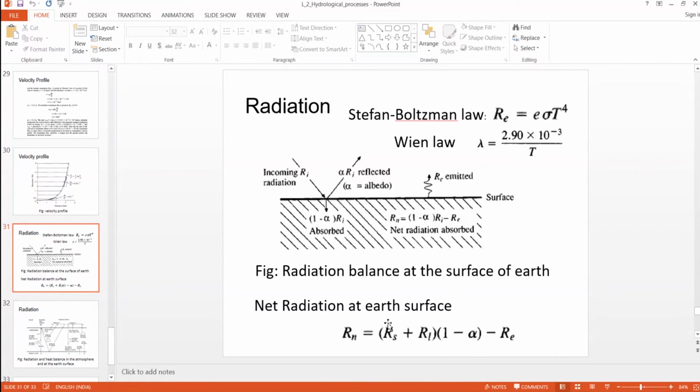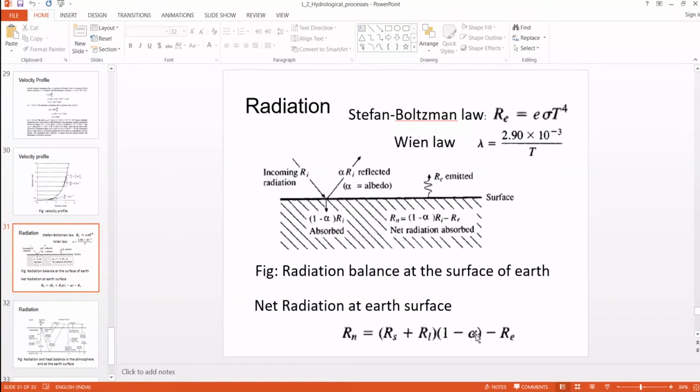So finally, the net radiation on the earth's surface is Rs plus Rl, into 1 minus alpha, minus Re. Rs is the short wave radiation coming directly from the sun. Rl is the scattered radiation from the aerosols, called long wave radiation.